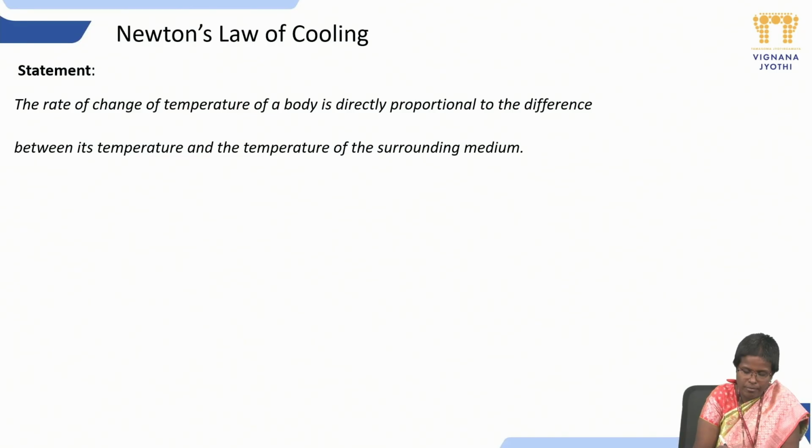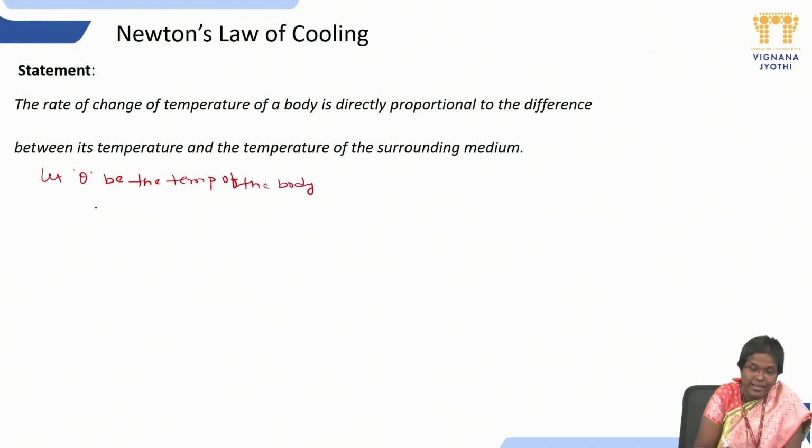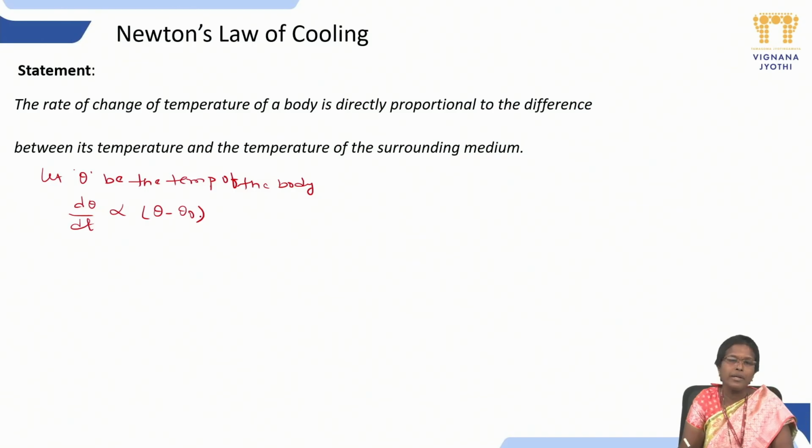That is, let theta be the temperature of the body. Now, rate means d by dt. So d theta by dt is proportional to the difference between the temperature of the body and the surrounding medium.